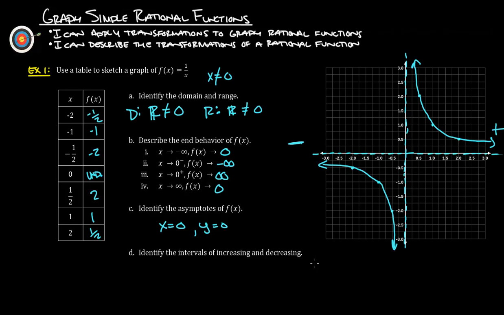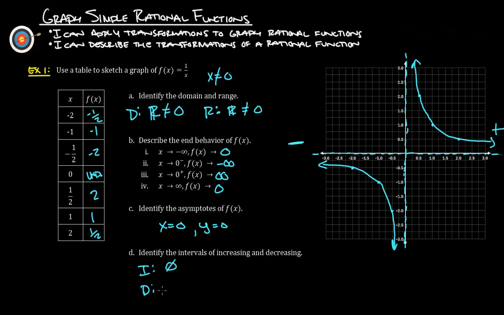Identify the intervals of increasing and decreasing. Increasing and decreasing are always read left to right. So it's decreasing, decreasing, decreasing, and up here, it's still decreasing. So there are no intervals of increasing.